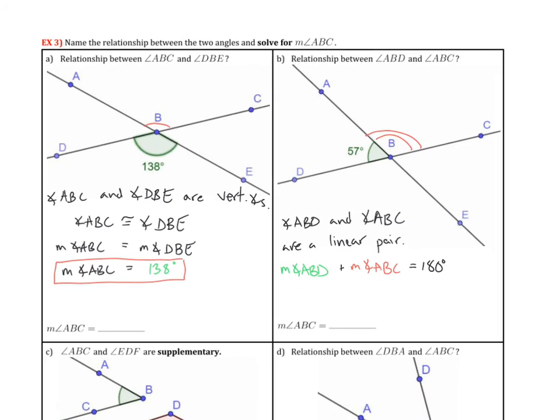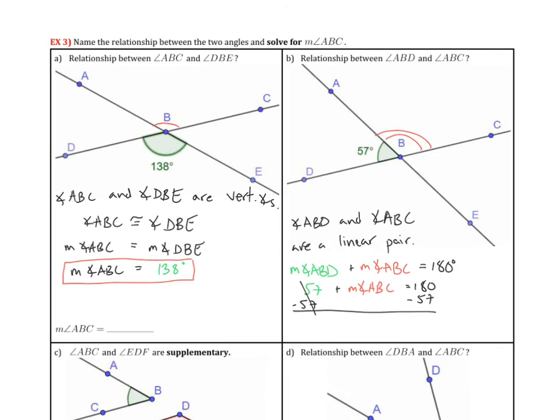So substituting in, measure of angle ABD is 57 degrees, and I'm going to go ahead and add the measure of angle ABC. Now I can go ahead and subtract 57 on both sides. These cancel out, and I'm left with the measure of angle ABC is going to be equal to 123 degrees.